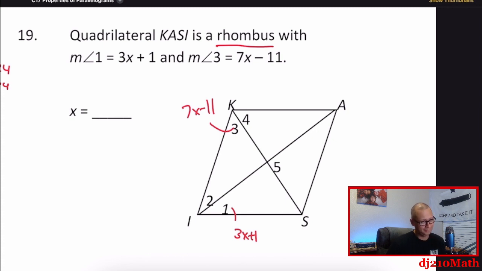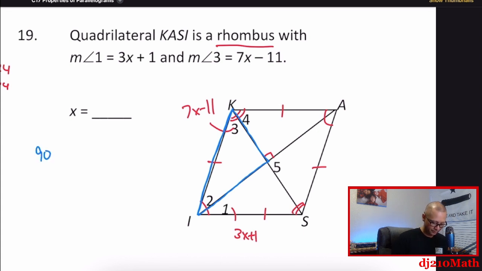But since all sides are congruent because it's a rhombus, these are going to be congruent. And this is a 90-degree angle. So in a triangle, check it out. So here's my triangle. Triangles add up to 180 degrees.